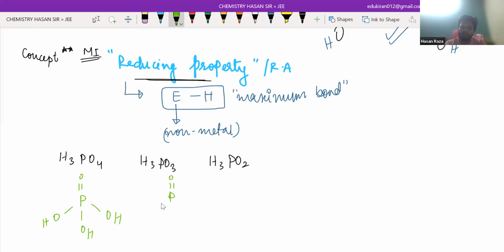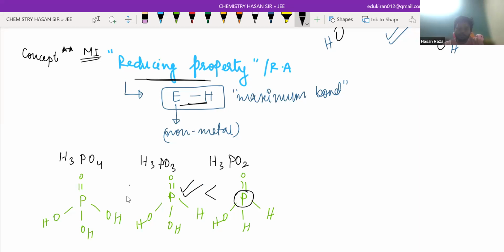If you draw the structure of H3PO2, it will be like this. Phosphorus is the non-metal or central atom, which is directly connected to two hydrogen, so there are two E-H bonds and there is one E-H bond. E stands for the non-metal. The one which is having the maximum E-H bonds will be the most reducing agent or contain the most reducing character. Are you getting my point?